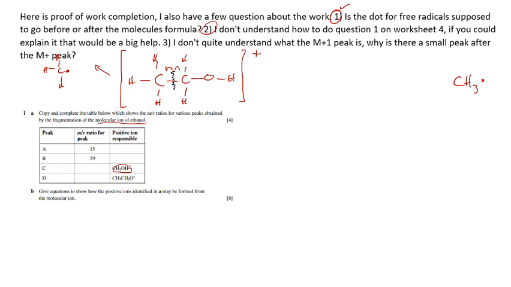You'd only create a peak if you get this ion, so you get the methyl positive ion, drawn in square brackets, and it's been fragmented, and it's still got a charge, so it makes its way through the mass spectrometer to the detector, and so that's how you would get something that has a mass peak of 15.